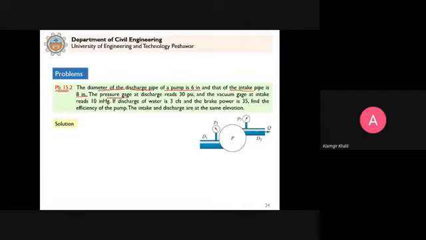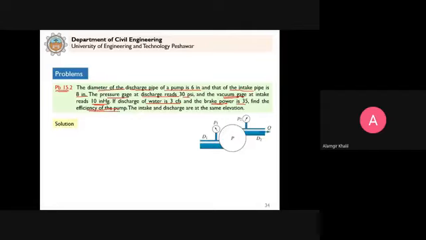The pressure gauge at discharge reads 30 psi, 30 pounds per square inch, and the vacuum gauge, the negative gauge, at intake reads 10 inch of mercury. If the discharge of water is 3 CFS, cubic foot per second, and the brake power is 35, this is the input power, find the efficiency of the pump.